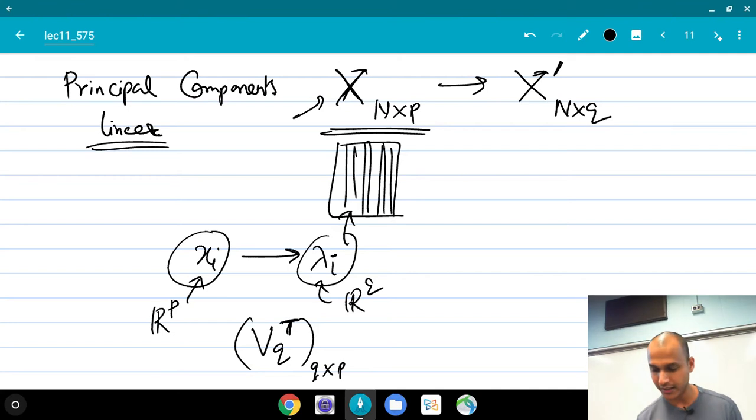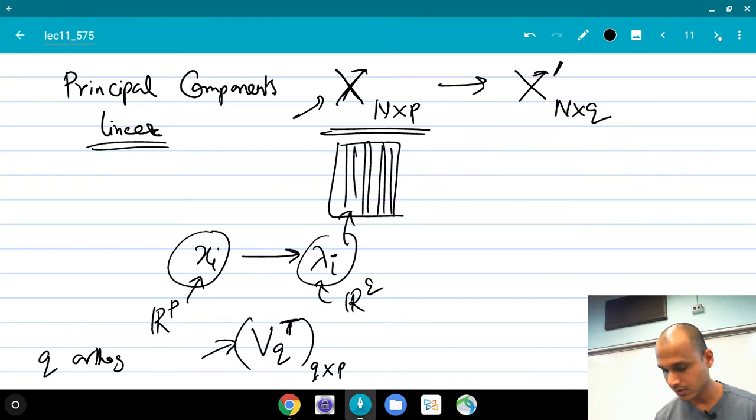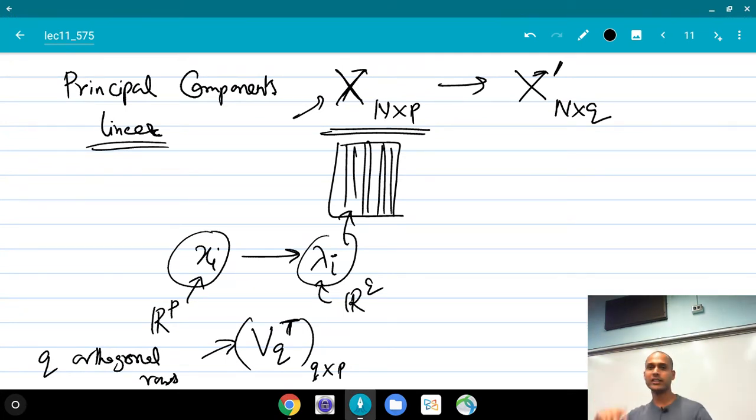This matrix is going to have some special structure. It will have Q orthogonal rows. V_Q transpose will have orthogonal rows, or you can think of V_Q having orthogonal columns.